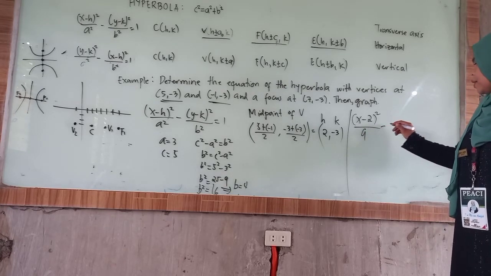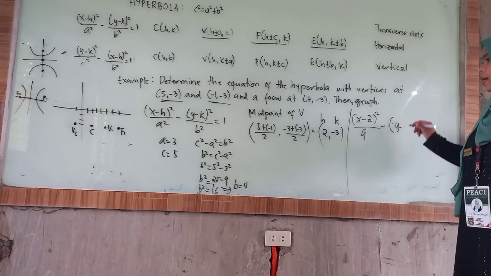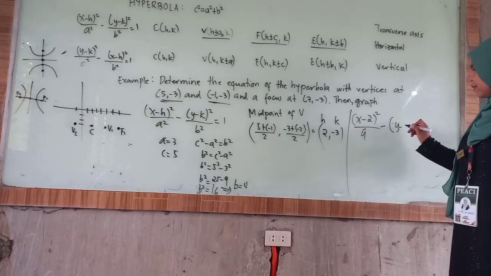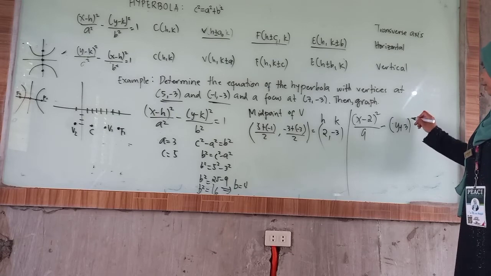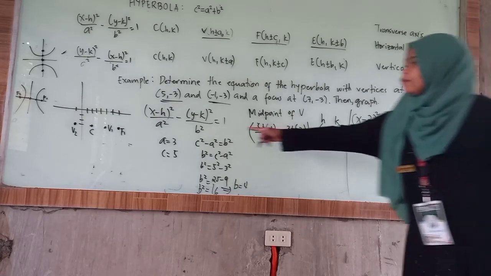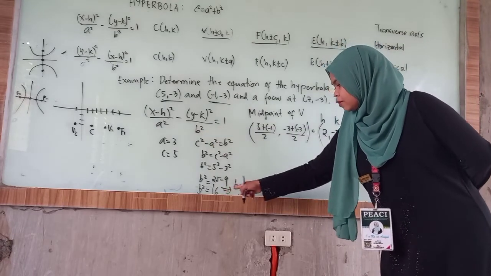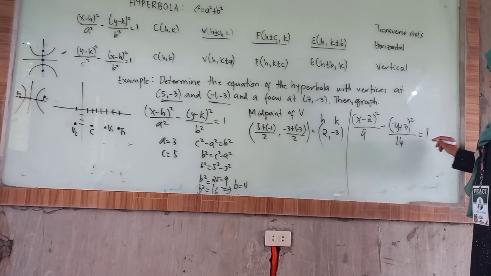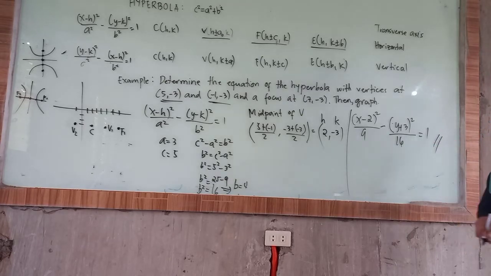And then minus y minus, ang K natin is negative 3. So minus negative, that will be positive 3 quantity squared over, ano yung formula natin? B squared. So ang B squared ko ay 4 squared, that is 16 is equal to 1. So this is your final answer.